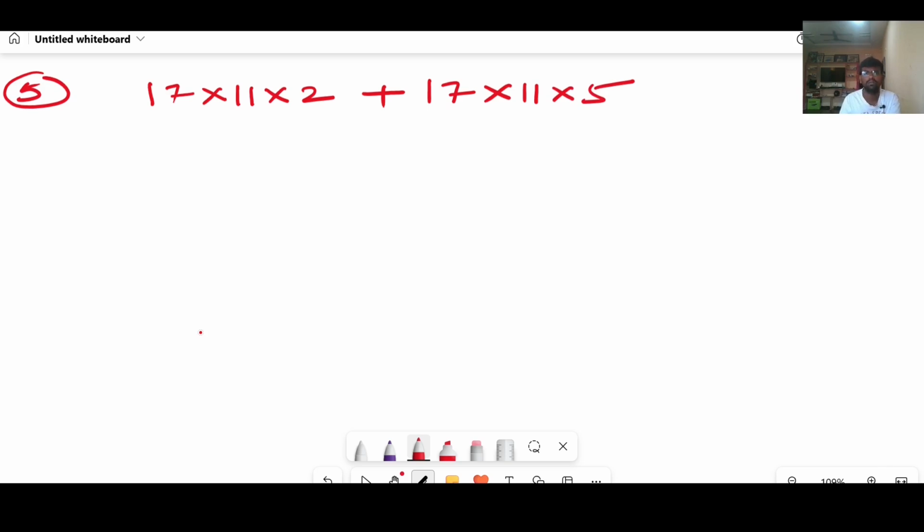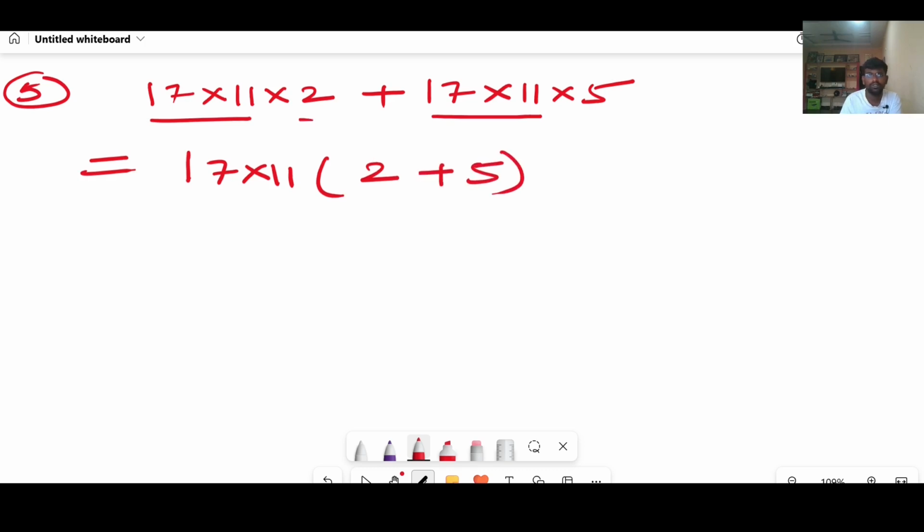Same thing here. If you take 17 into 11 as common, we will be left with 2 plus 5, so 17 into 11 into 7.